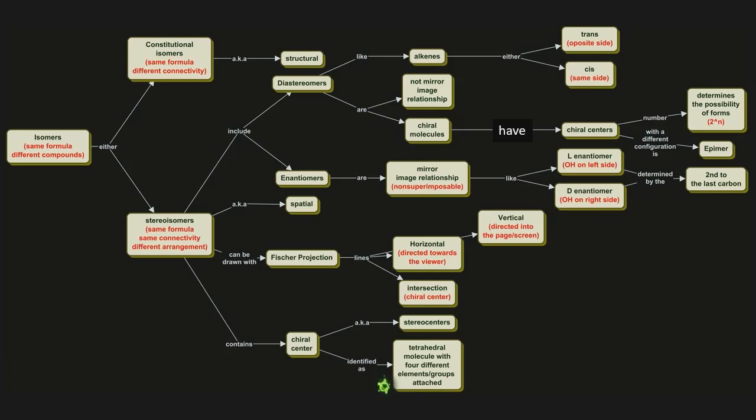One way to look at it is as a carbon that is tetrahedral. Tetrahedral means all of the available four bonds of the carbon are utilized, and this carbon is attached to four different elements or groups. So this is probably a chiral center or stereocenter.